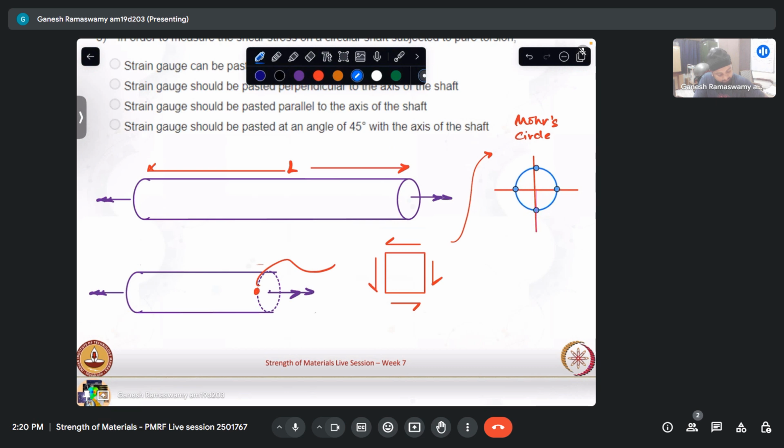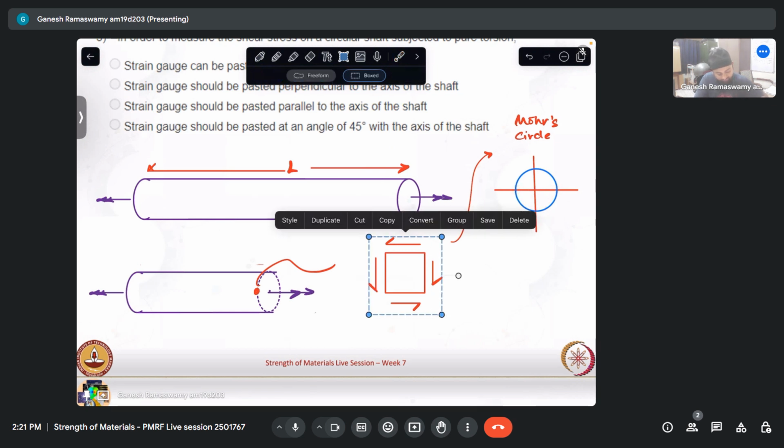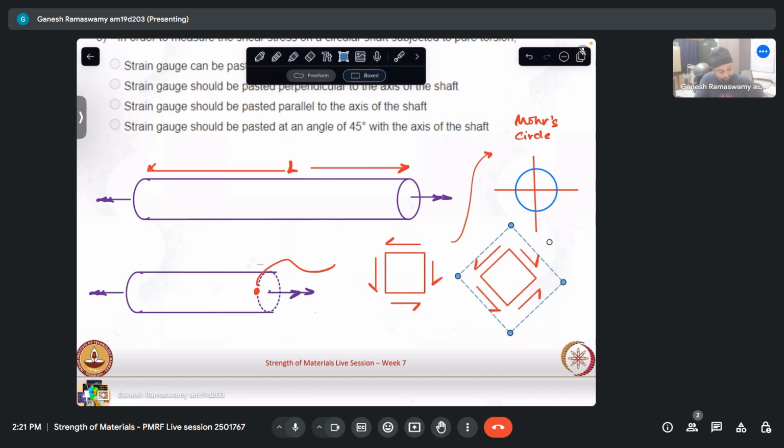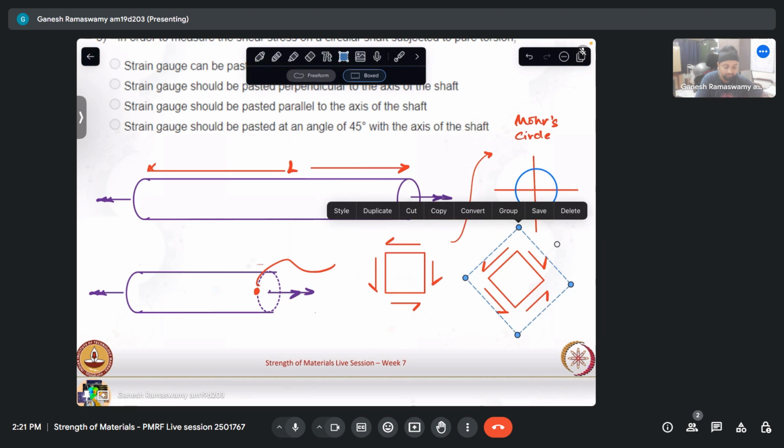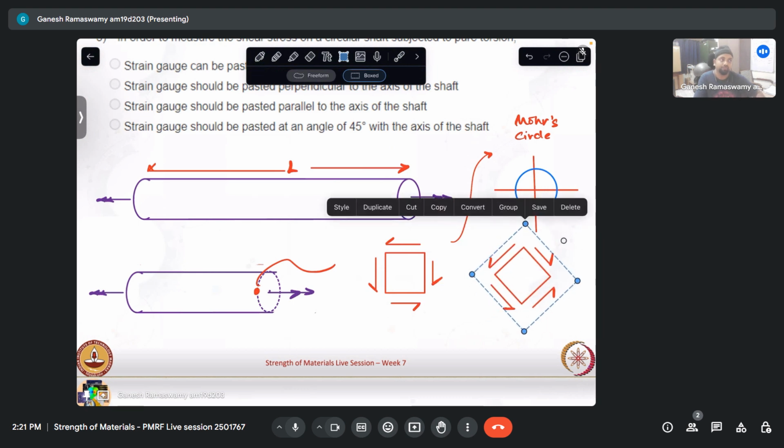The Mohr circle for this case is like this. So if this is our x, then we know when we rotate by 45 degrees or by 270 degrees or by minus 45 degrees, however you want to call it, we would actually have tension and compression. What this implies is if I rotate it by 45 degrees like that, because in the Mohr circle it is 90 degrees, in the physical plane it will be 45 degrees.